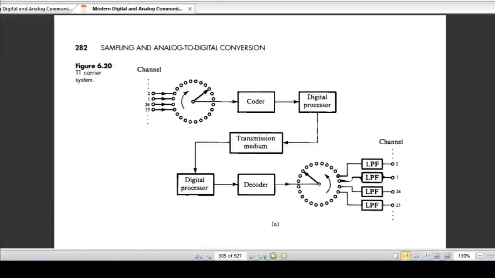So a PCM TDM system is a T1 carrier system. The system which uses pulse code modulation and time division multiplexing is the T1 carrier system.